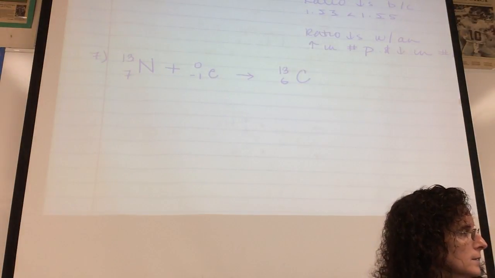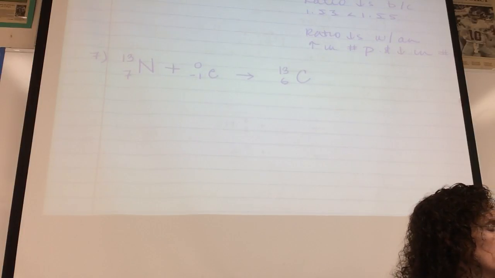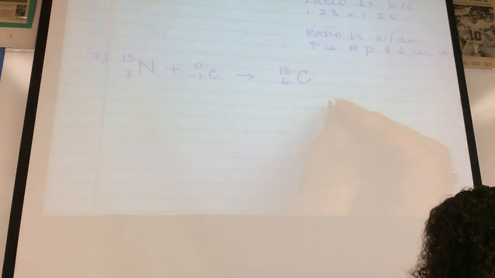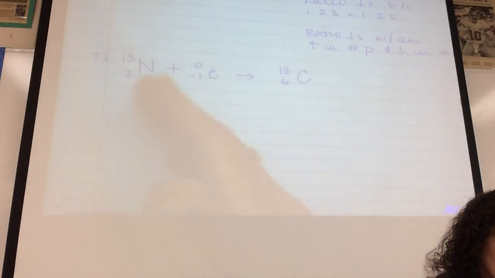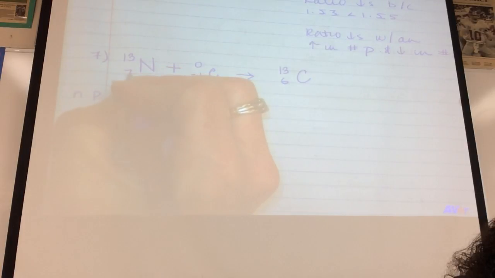And this one also asks if the neutron to proton ratio now is within the band of stability. So you want to see whether it increases, decreases, and what happens to it. So this would be 13 minus 7 is 6 over 7.